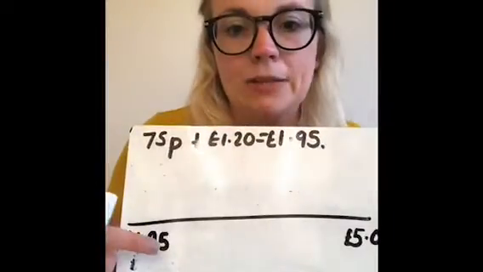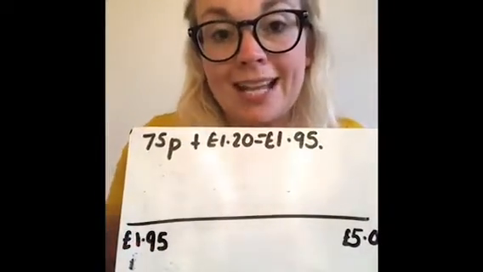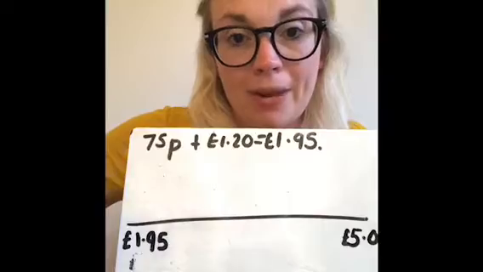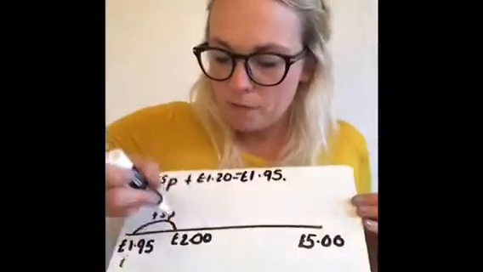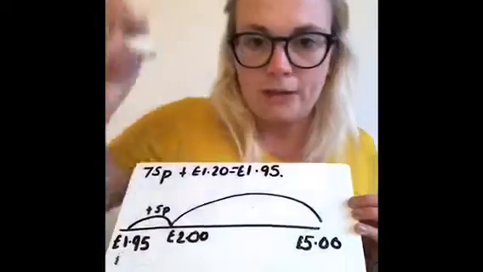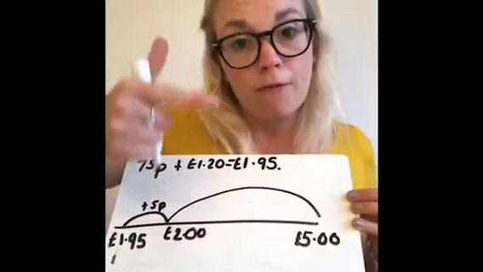The amount at the beginning is £1.95. So because I'm not already on a multiple of 10, I'm on £1.95, I think, what do I add to get to my nearest multiple of 10, or my nearest multiple of 100 in this case, my nearest pound? I add 5 pence to jump up to £2. Okay? And then, just as before, I can now do a big jump from £2 all the way to £5: 3, 4, 5.